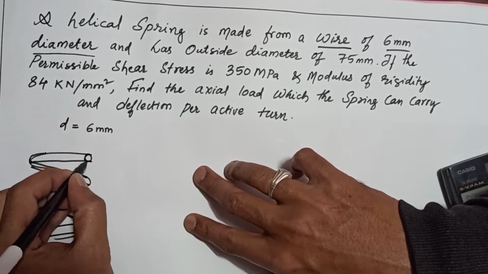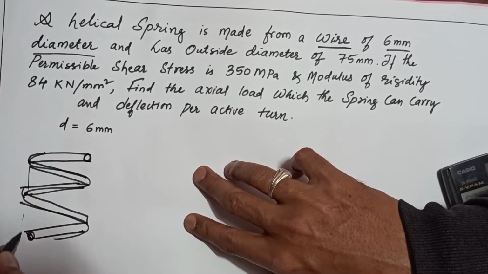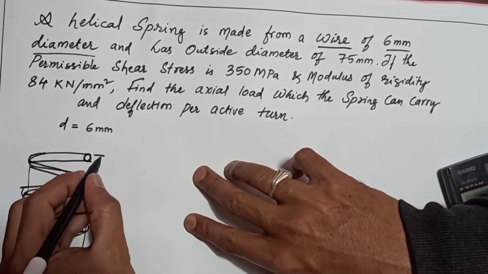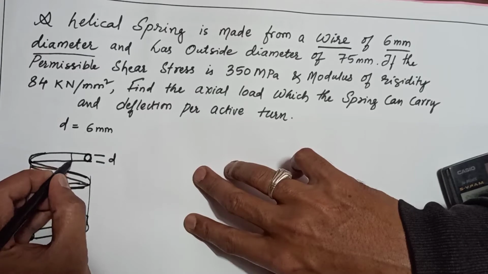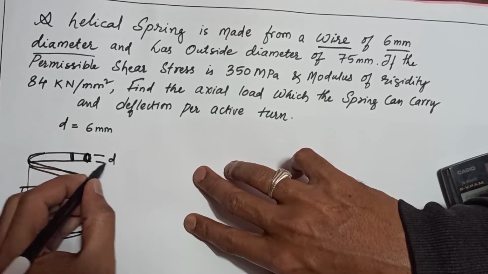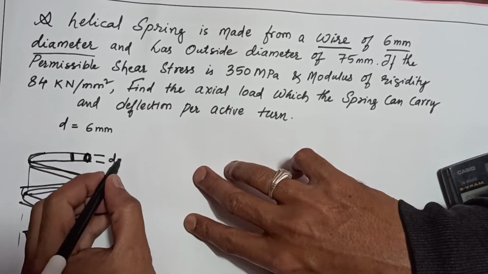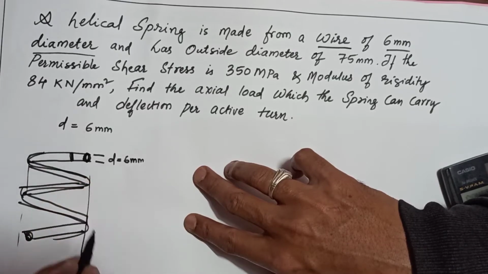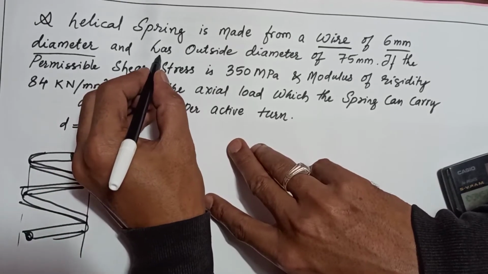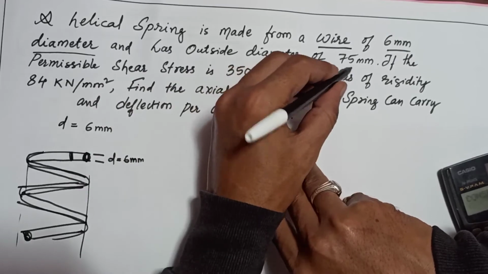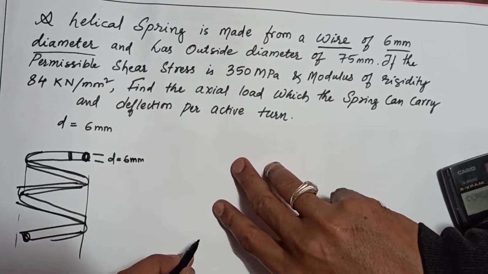Let us say this is a helical spring. So this will be called the diameter of the wire. This diameter we call small d, that is given as 6 millimeter, and the spring has an outside diameter of 75 mm.